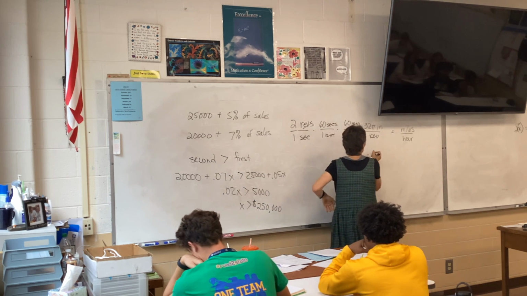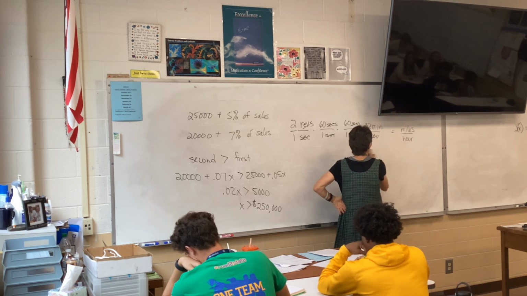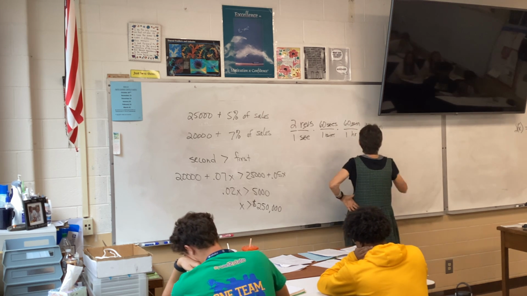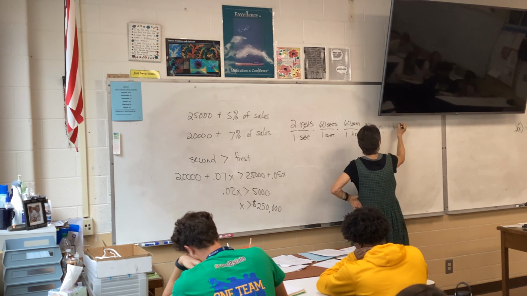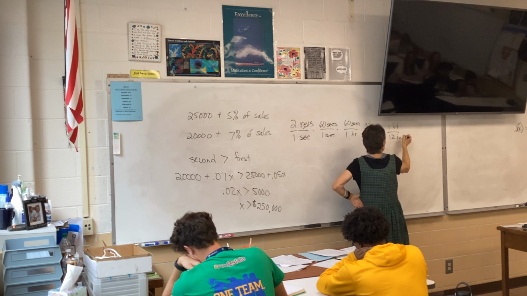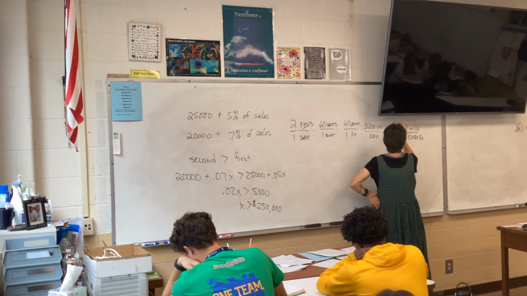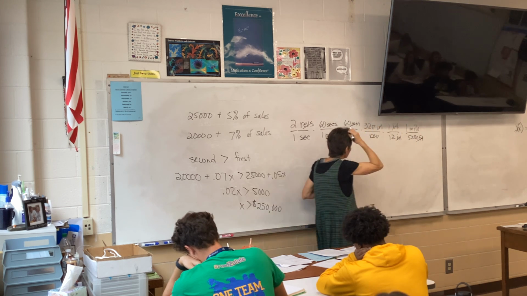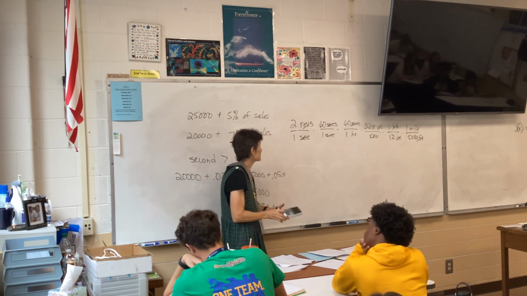So I'm gonna multiply, I'm gonna be off the video here in a second. So inches is, let's see, 1 foot, 12 inches, 1 mile, 5,280 feet. Is that gonna leave me with miles per hour? It sure is.